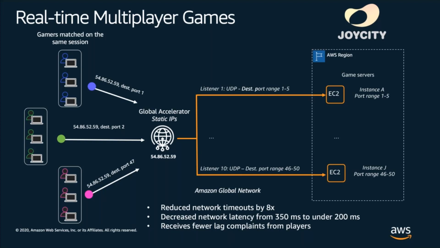So with Global Accelerator, you can use different ports to send clients to a different EC2 instance behind Global Accelerator and use the static IPs and destination ports to get there. So you will see that all the clients here are going to the same static IP, and based on the port, you can use listener and port ranges to send groups of players to a specific session, a specific instance and port.